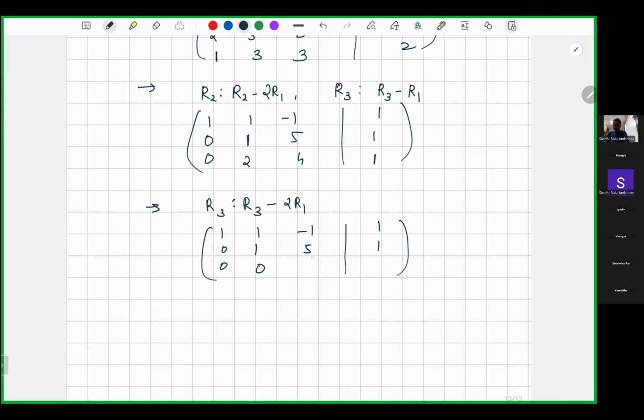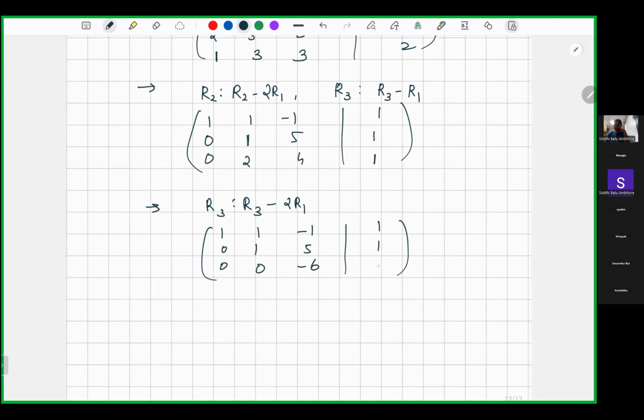And for 4 minus 10, what is it? Minus 6.